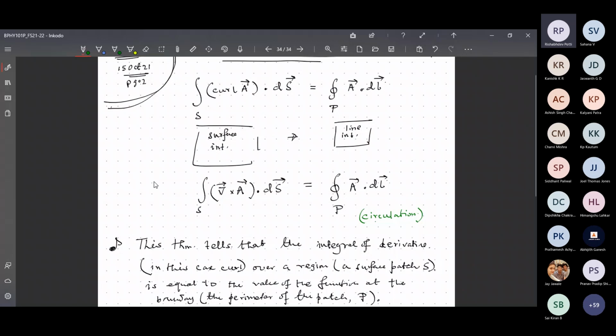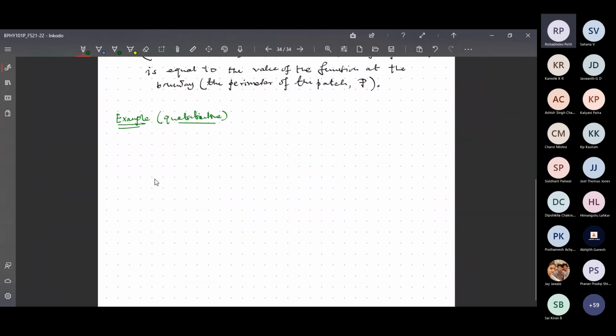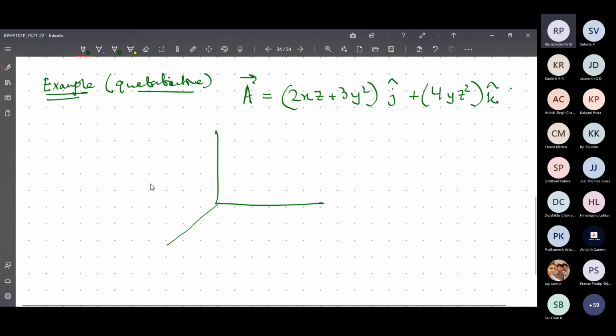I am going to show it to you with a figure, with a picture. It will be much easier. So let us take a vector field again, with the j cap and k cap components. Now with this I am trying to draw. Let me enlarge it, otherwise I will not have an idea how big I am drawing it.